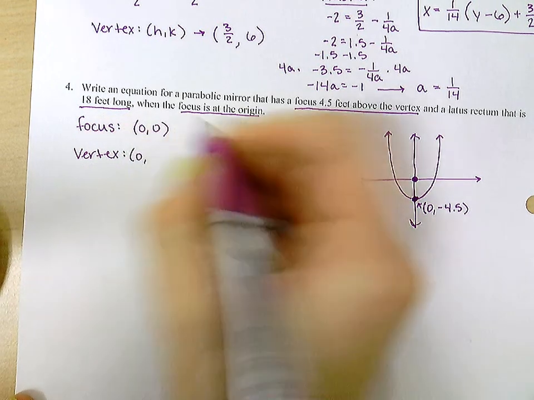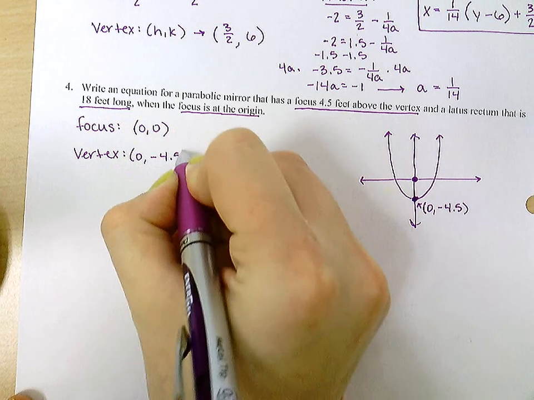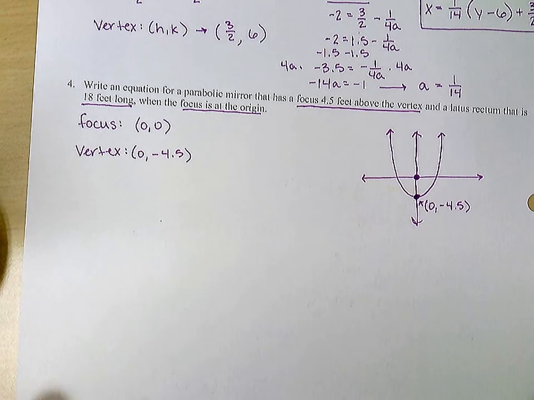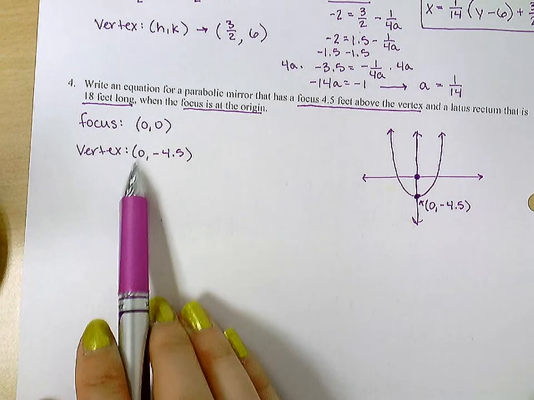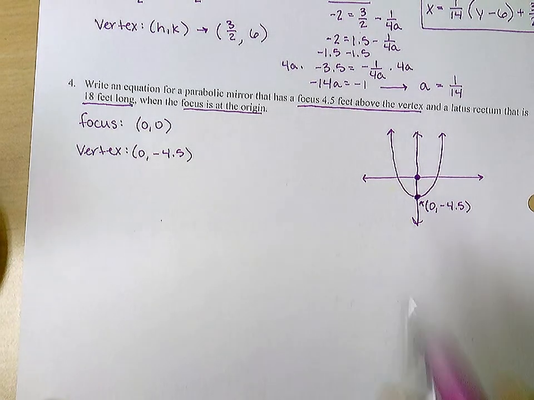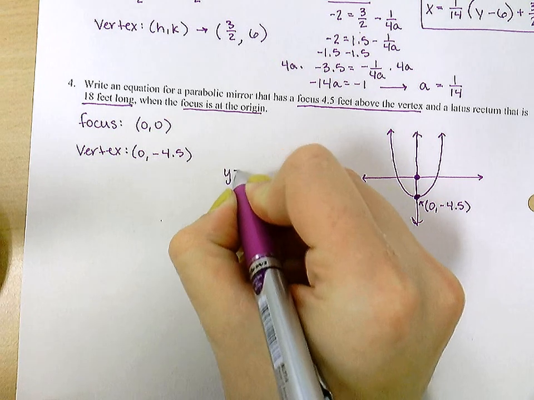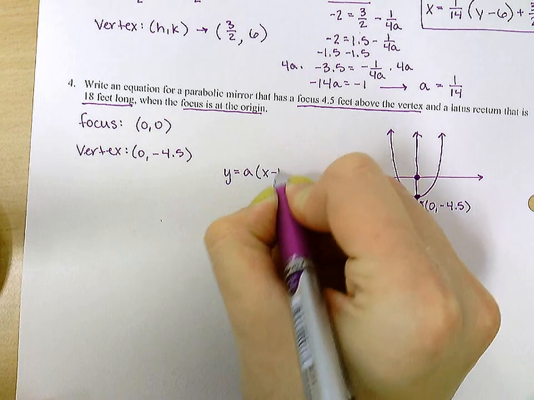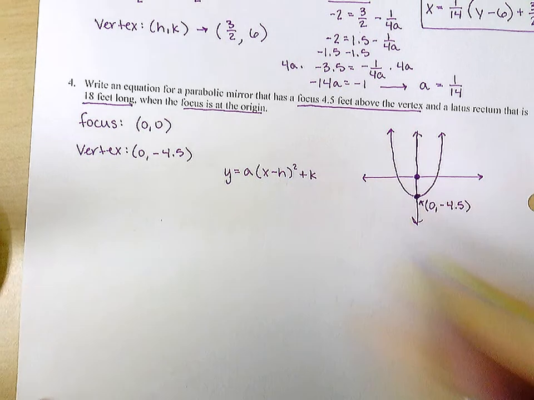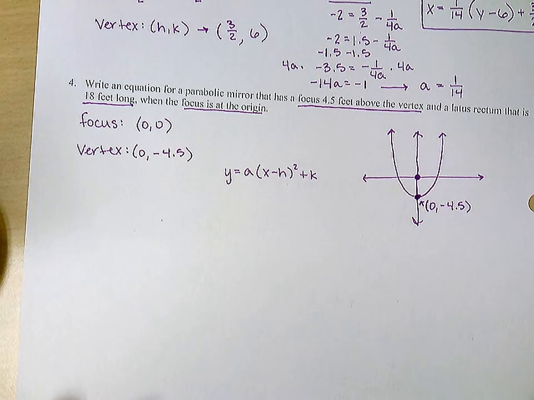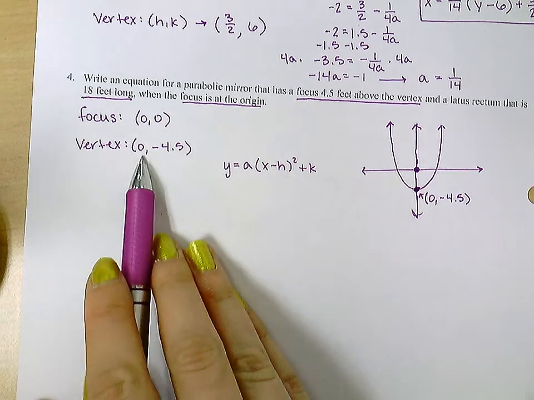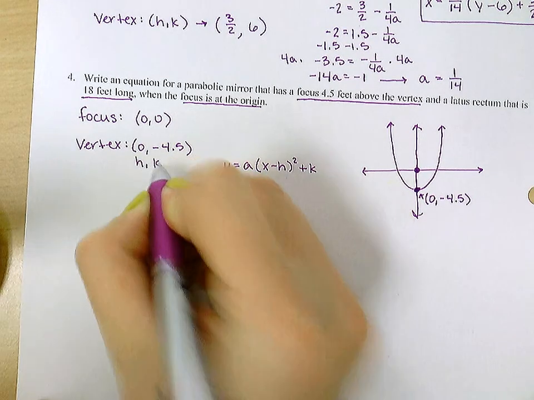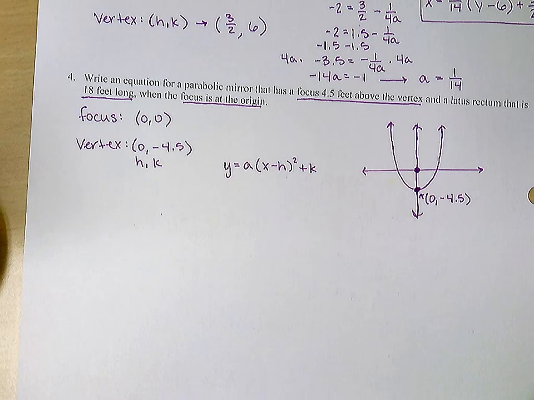The vertex is at 0, negative 4.5. Now in my focus and vertex, we're of the form y is equal to a times x minus h squared plus k. So our vertex is at h, k. We still have to find out what a is.